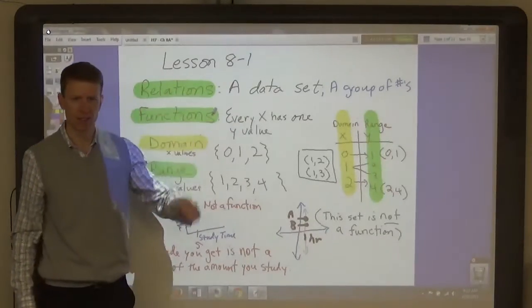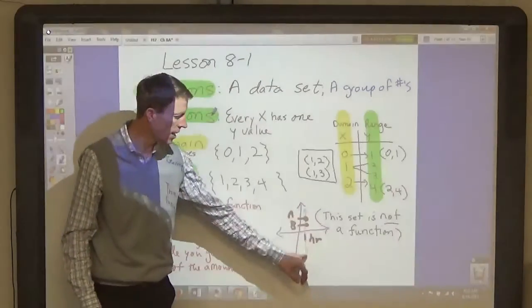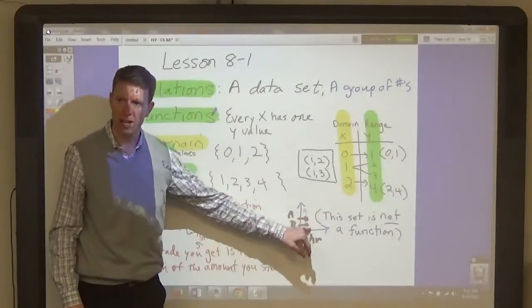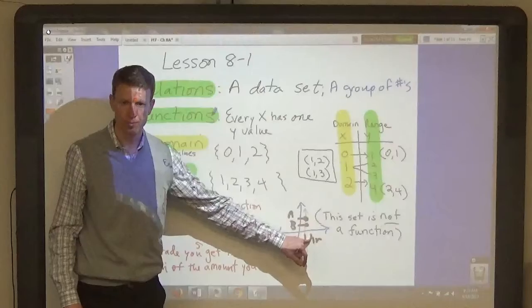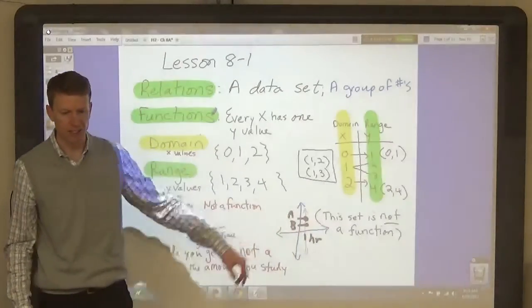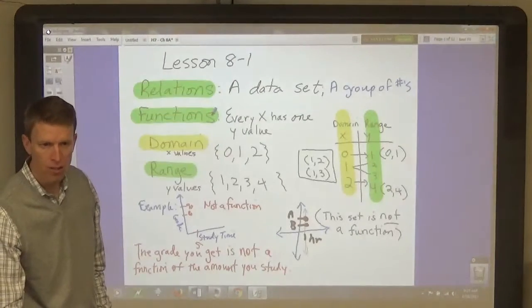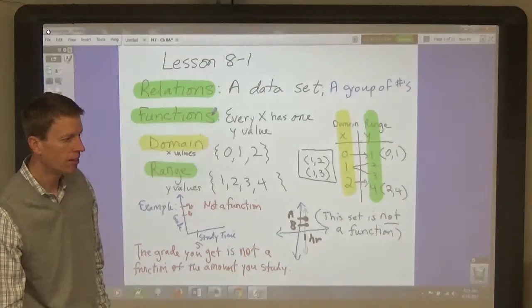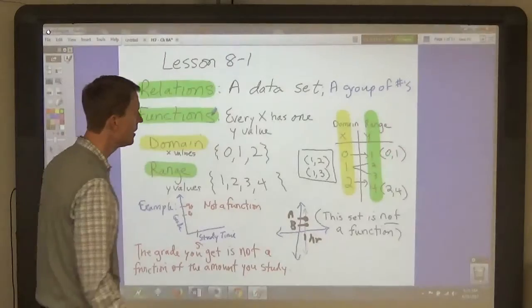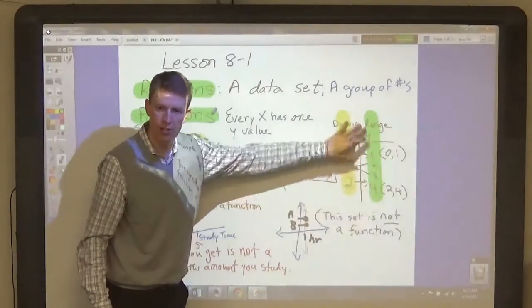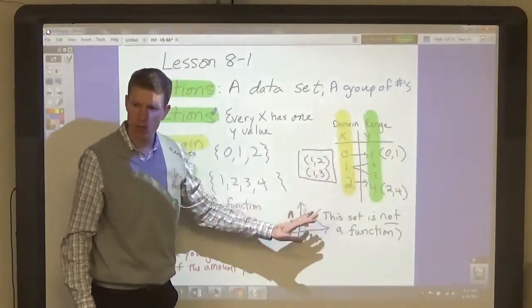They're stacked. They're on a vertical line. You can draw a vertical line through both of them, right? That's a test that's listed on page 405 of your book called the vertical line test. And that test is used to see if this set of numbers gives you a function.